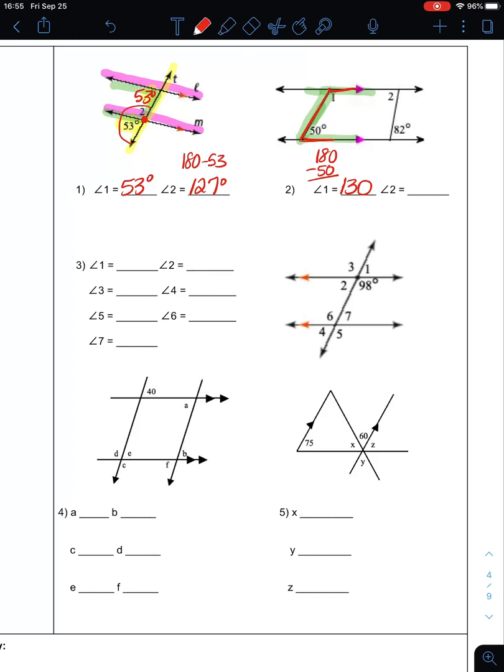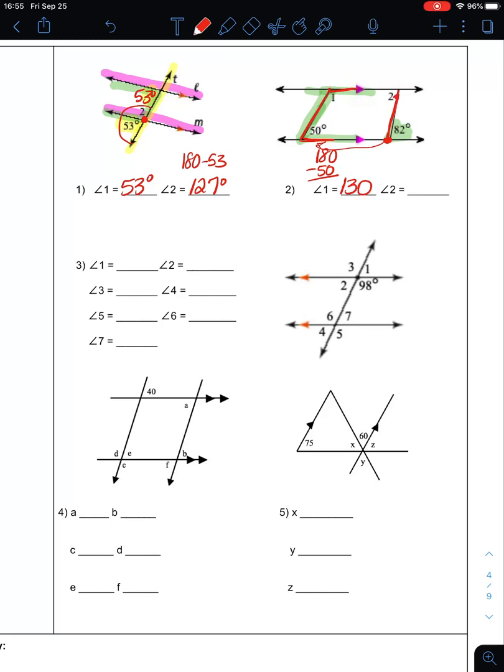I can use that same idea if I go over here to this 82-degree angle. It might help to take this angle and its vertex and slide it across a transversal. So we slide up this transversal and we want to go to another parallel line. We could go back to this 50, but that doesn't do any good because we're not sliding to parallel lines.